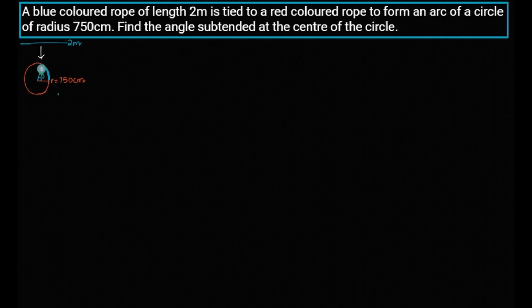So they have already given the length of the arc, which is equal to 2 meters. In terms of centimeters, it is 2000 centimeters. So we have to find out the value of theta here. So first, let us write down the given data. The length of the arc S is equal to 2000 centimeters and the radius of the circle is equal to 750 centimeters, and we have to find out the angle subtended at the center, that is theta.